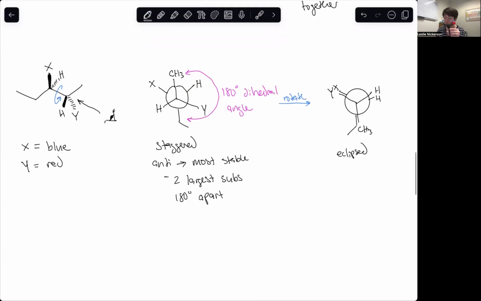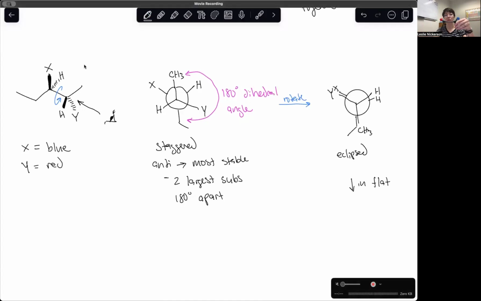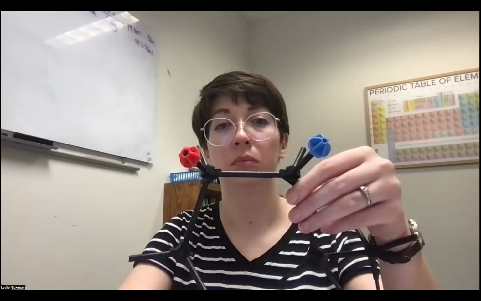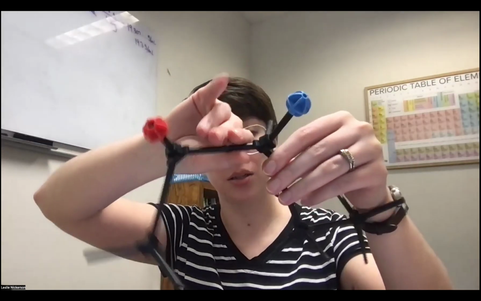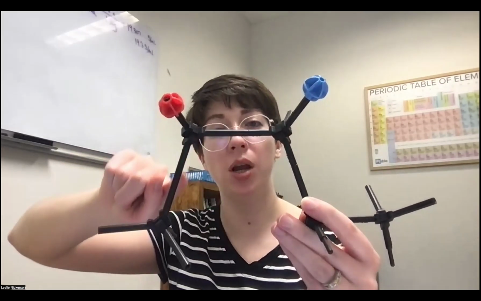And at that stage, if we look at what that would look like in flat, we can rotate back to here. And you can see that we've got, it's different. We've got that kind of U shape.